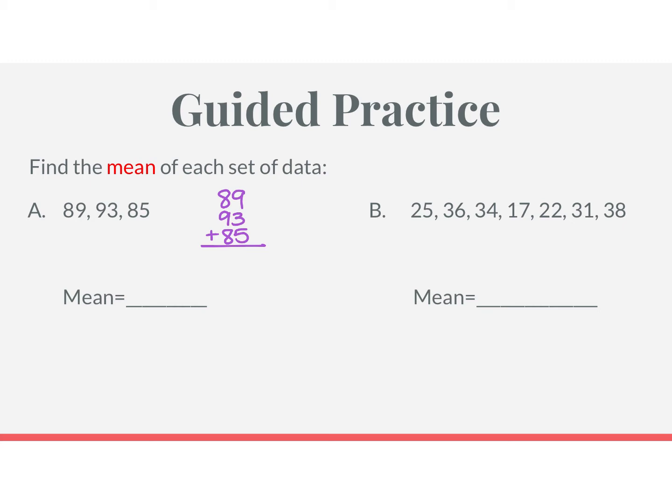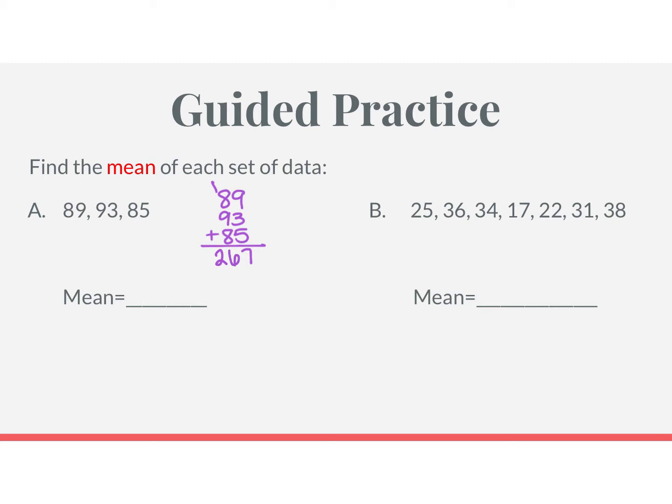So 5 plus 3 is 8, plus 9 is 17. We'll carry our 1. 9 plus 8 is 17, plus 8 is 25, plus that 1 we carried is 26. So our sum is 267, and next I would want to divide by the amount of numbers that there are.